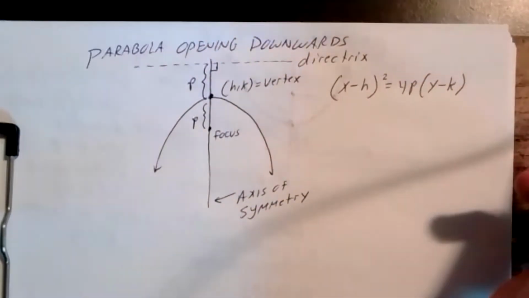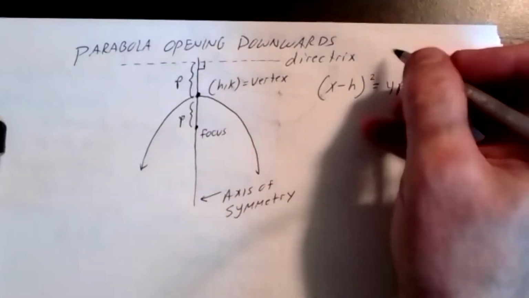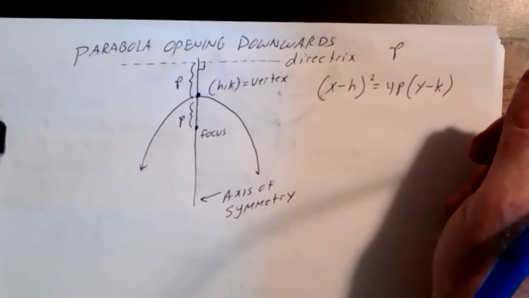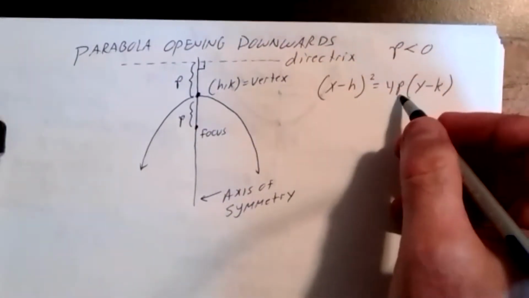But what's p in this case? Since the parabola opens downwards, p would be what? Anybody? P would be negative. So that number p is negative.